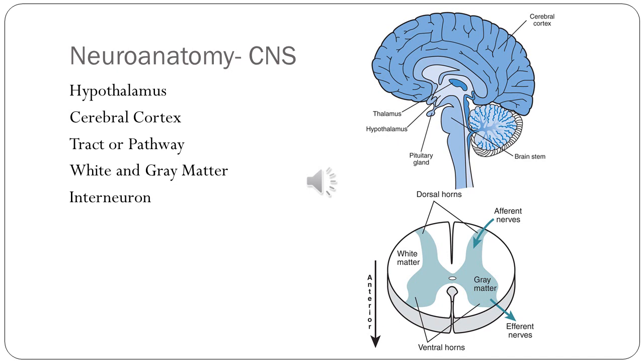Then looking further at the neuroanatomy, we have our white and gray matter. Neurons are basically gray in color, and you see a good example of white matter and gray matter when you look at a cross section of the spinal cord in the picture in the lower part of the screen.